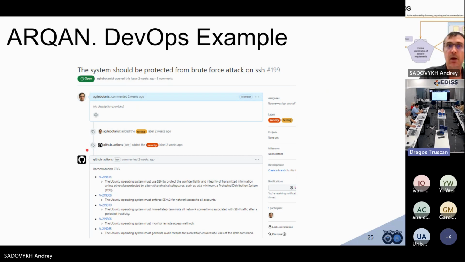In this particular case, our system is running on the Ubuntu operating system, and if we want to protect against brute force attack on Ubuntu, there are a number of rules or recommendations on what to do, and that comes with concrete test cases, concrete actions to be done, and so they could be automatically applied based on analysis of those recommendations. Right, so this is a short example.